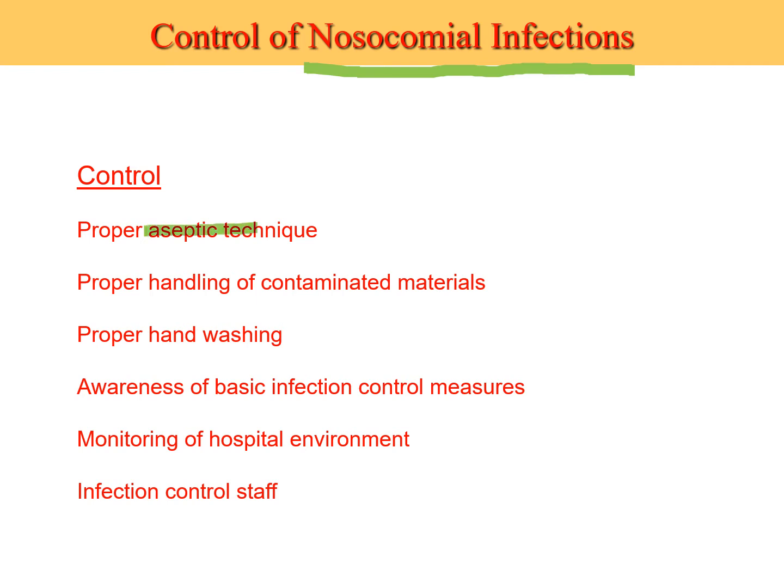How are nosocomial infections prevented? By using proper aseptic technique. Whenever you're dealing with anything that could potentially come into contact for a longer term with the patient's mucosal membranes or external tissue, or anything that would pierce through that, like a needle, using proper aseptic technique is vital. Proper handling of contaminated materials, not touching them to anything else and making the contamination wider.